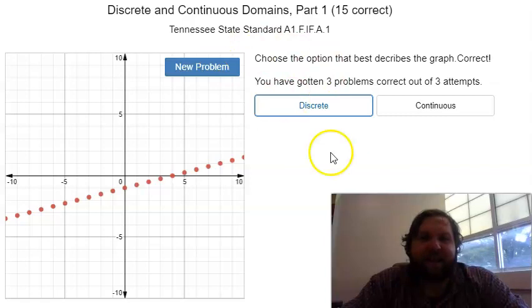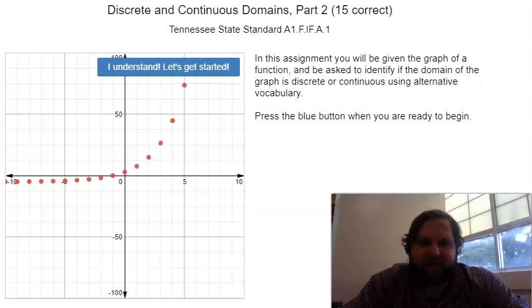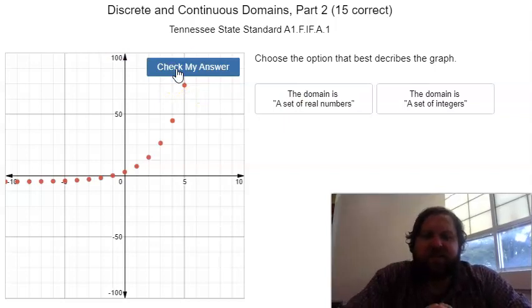So that is slide 4, but we can also look at slide 5 because it's really a similar thing. Again, we just want to know if it's discrete or continuous, but we're going to use some alternative vocabulary, as it were. So we look at this graph, and we know that it's discrete based off of what we saw last time.